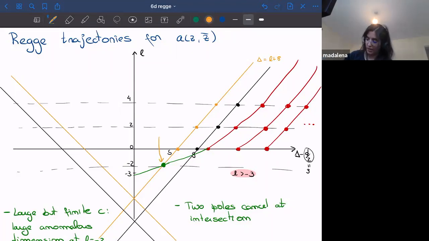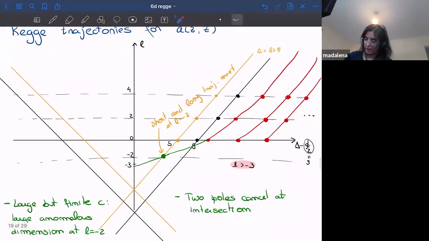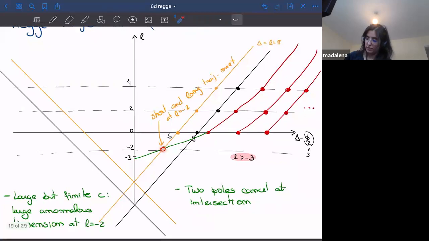So they actually coincide, and the two poles are actually such that the two poles cancel at this intersection. So the short and long trajectories meet at L equals -2. And there's actually no residue here.